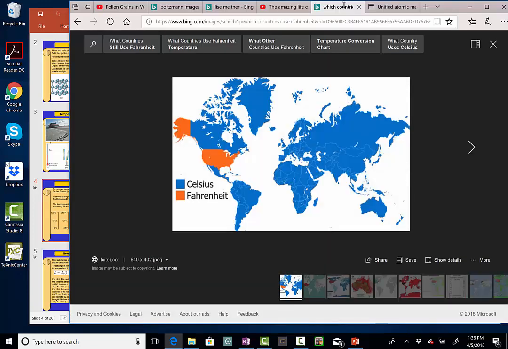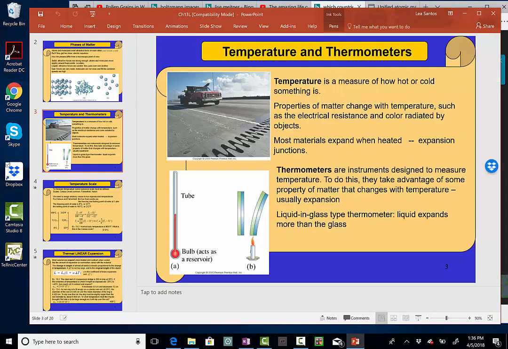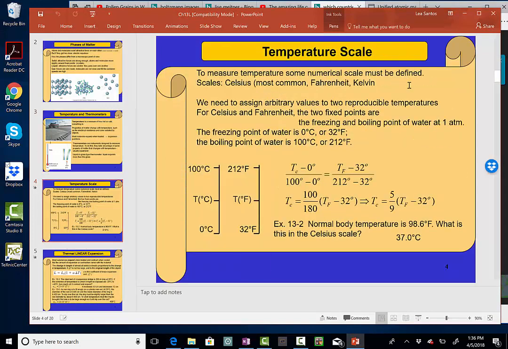So here you can see the map, Alaska, and the US, and then you can hardly see the other countries. They are around here, tiny islands, Belize and Palau out there. Very well. The other scale is Kelvin, which is very much used in science, and it's related to Celsius.